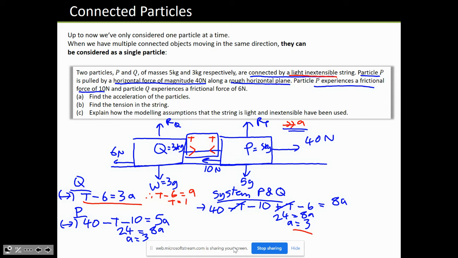So our tension is 15 newtons. And let's not forget, our acceleration is in meters per second squared.